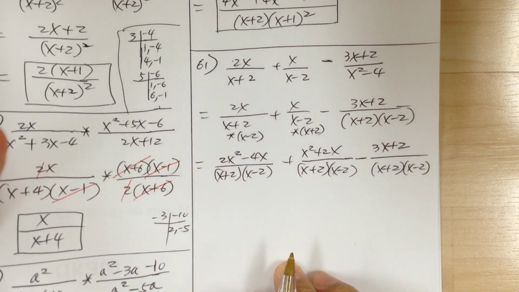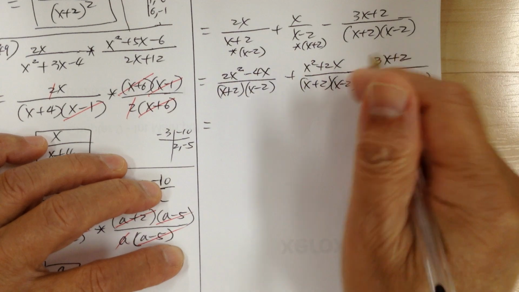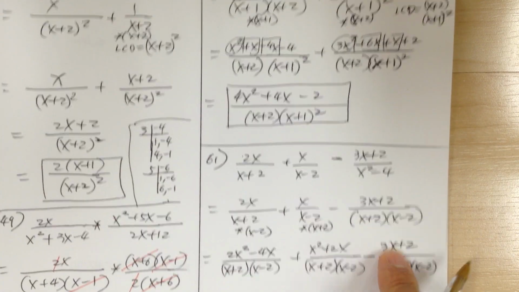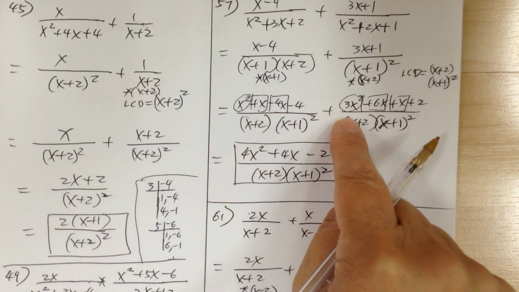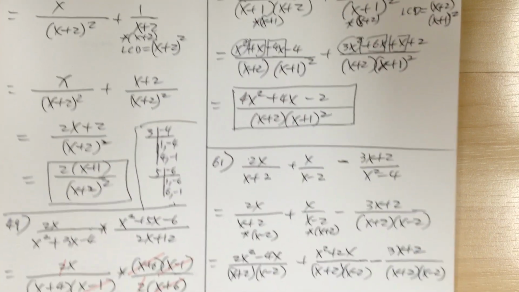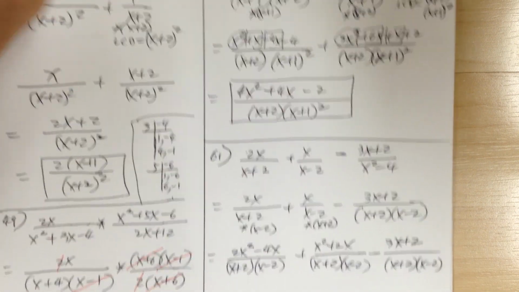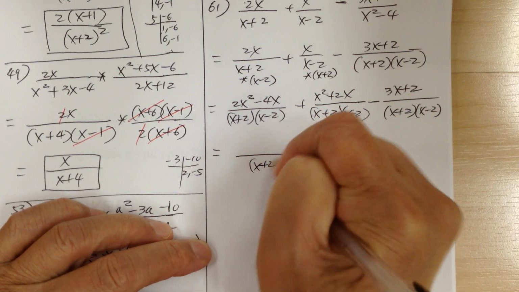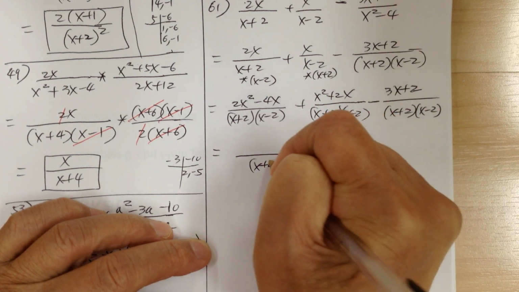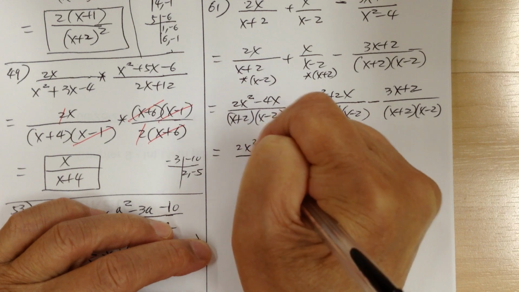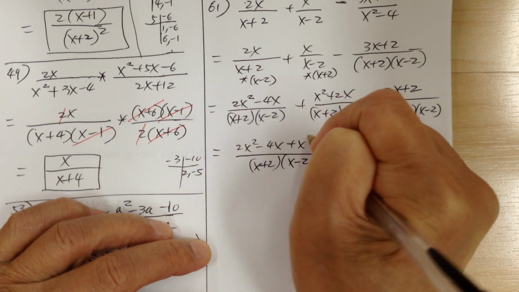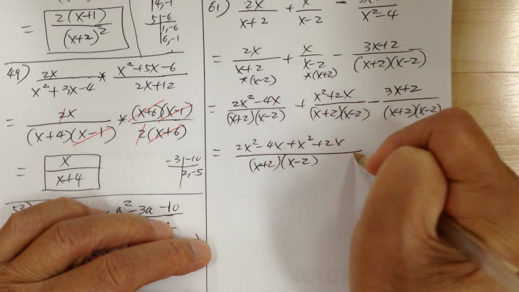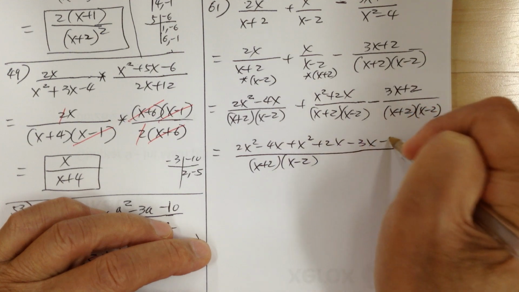Okay. Now, when you have subtraction, don't do it like this over here. Okay, you cannot just do it because you're going to make mistakes. So what you want to do is an additional step by putting everything all together. So you get 2x squared minus 4x plus x squared plus 2x minus 3x minus 2.